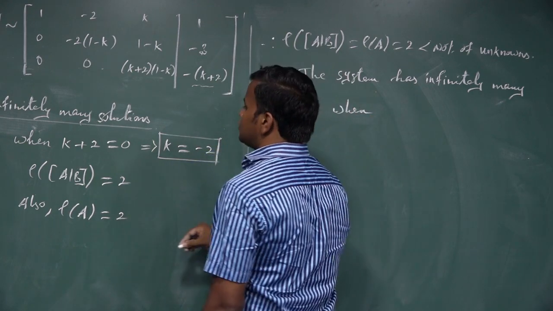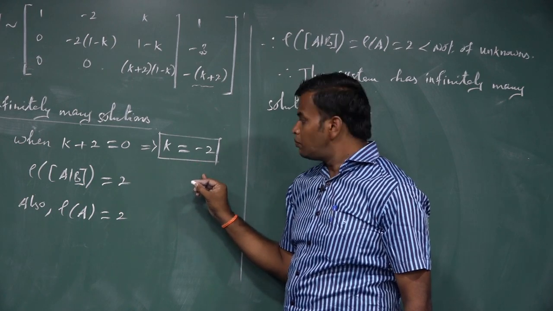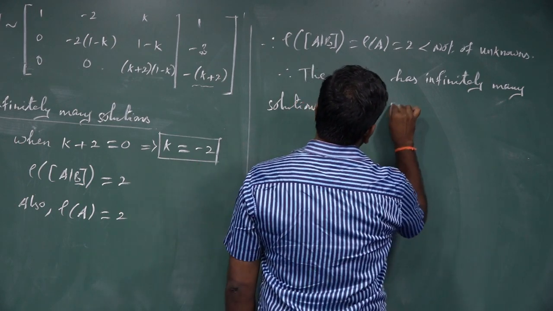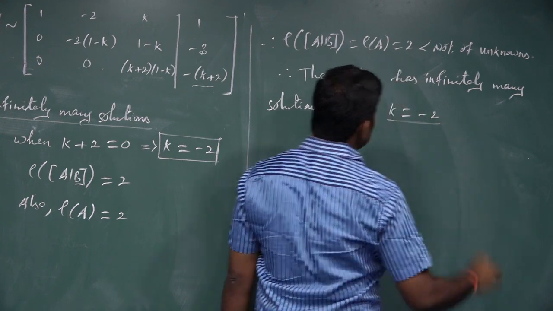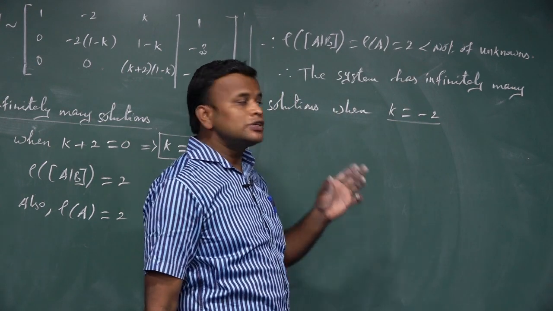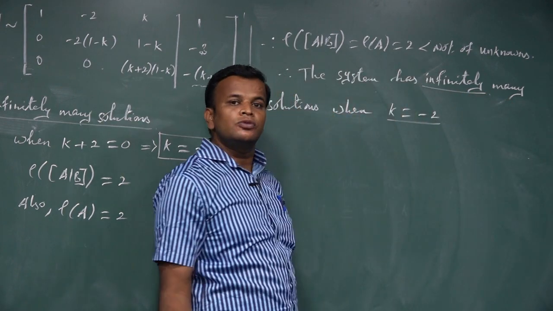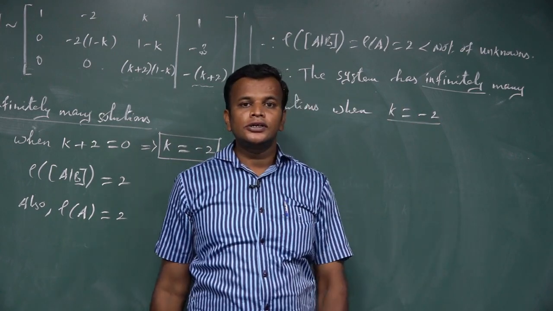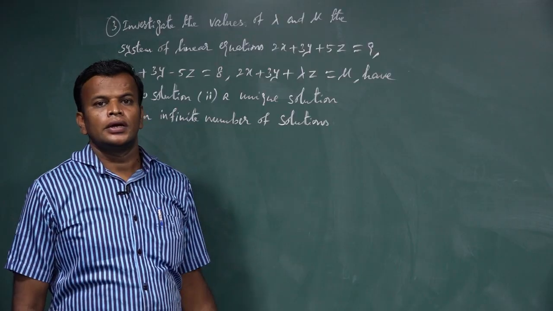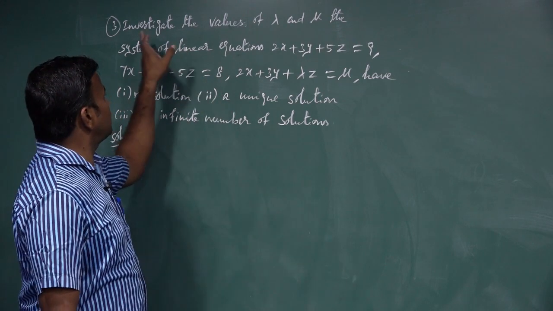The given system has infinitely many solutions for the value of k is minus 2. We must write the conclusion. Therefore, the given system has infinitely many solutions only when the value of k is exactly equal to minus 2. In the same exercise, the third one is also, you see the question.